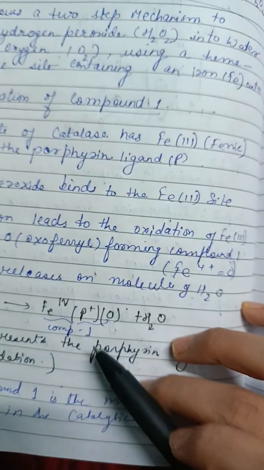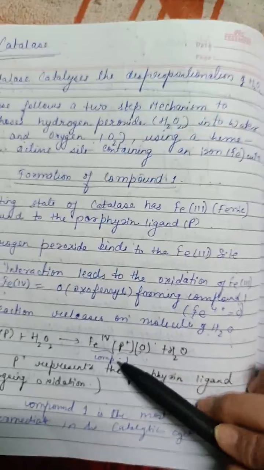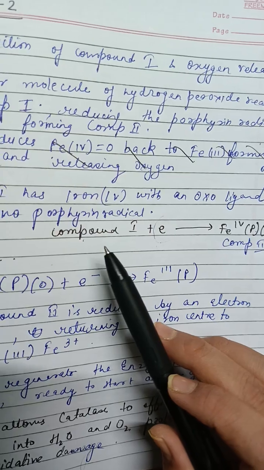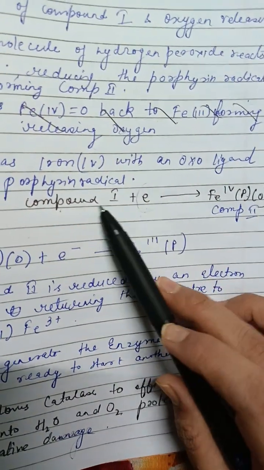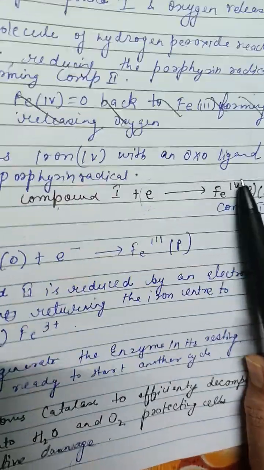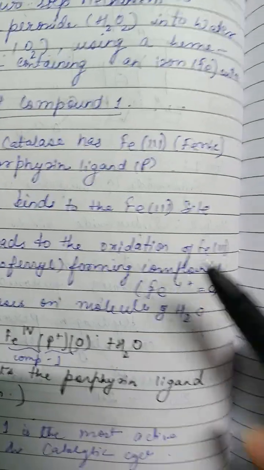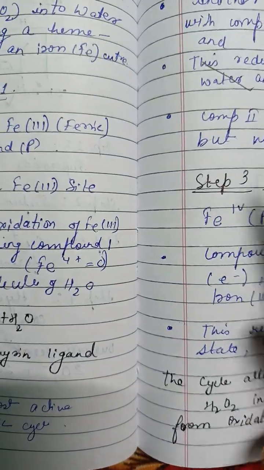So in the first step we get compound 1. In the second step we take compound 1 on the reactant side, along with H2O2. Now you will say we already have Fe4+, so the iron is not undergoing oxidation here, but the reduction of compound 1 is happening.